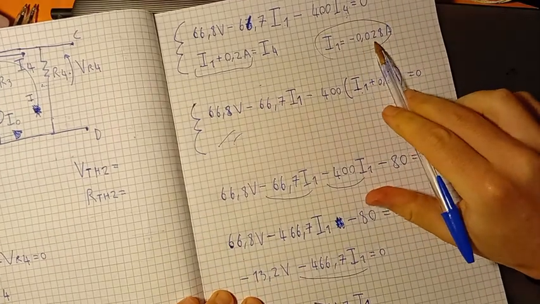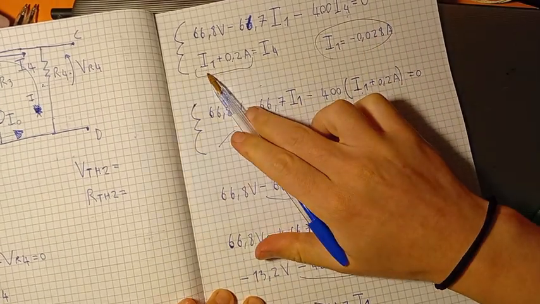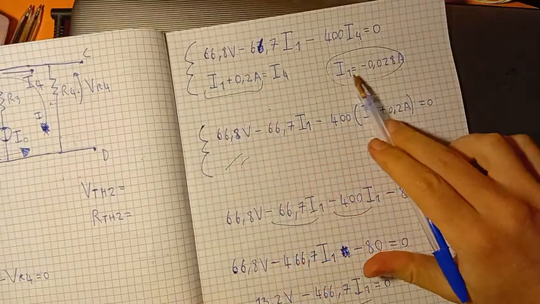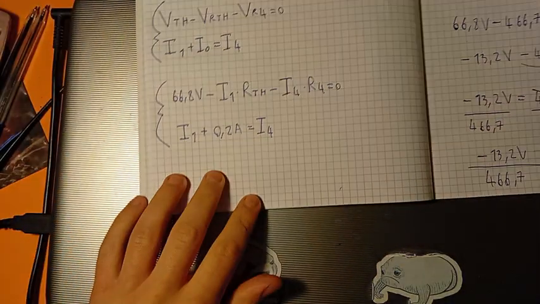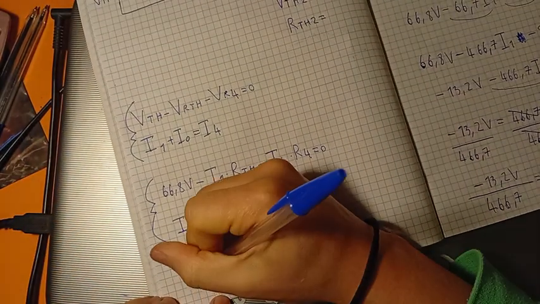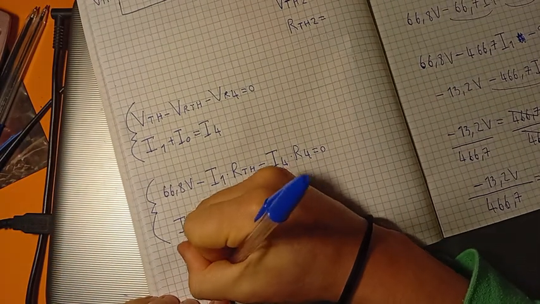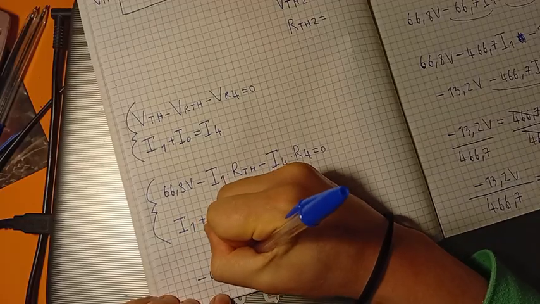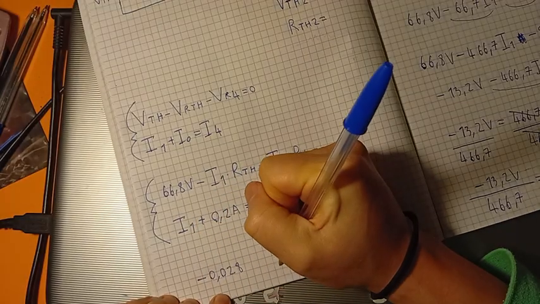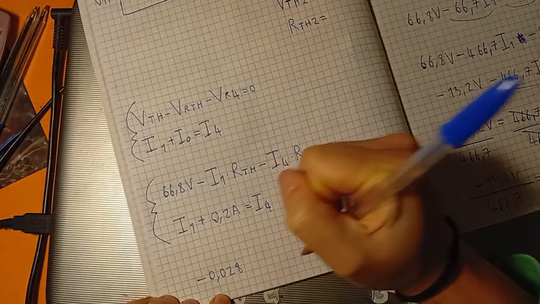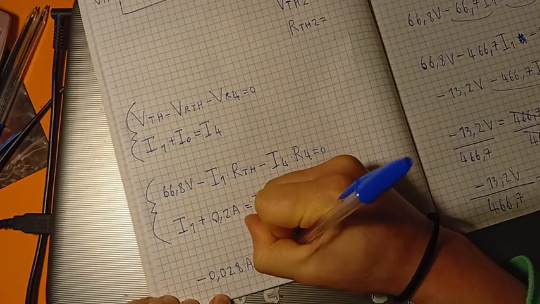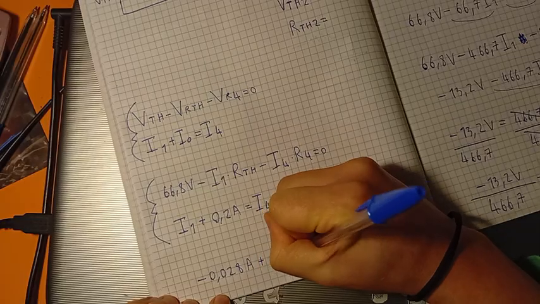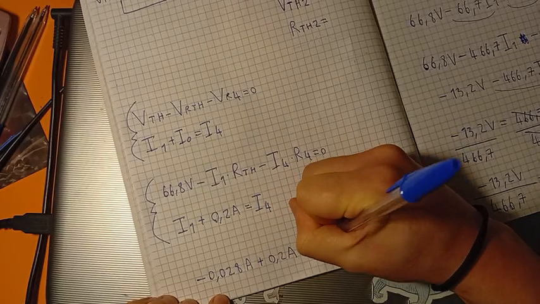Let's exchange this with I1 here, because I1 has this value. So I1 is minus 0.028 plus 0.2 is equal to I4.